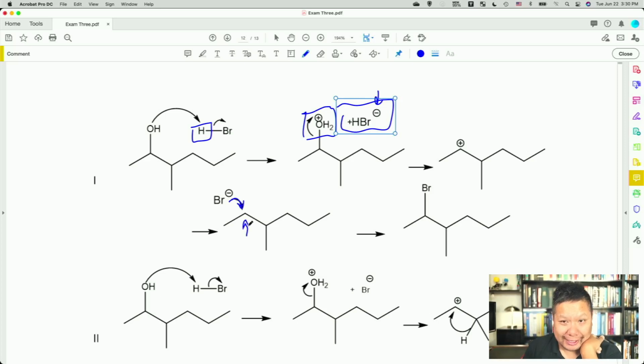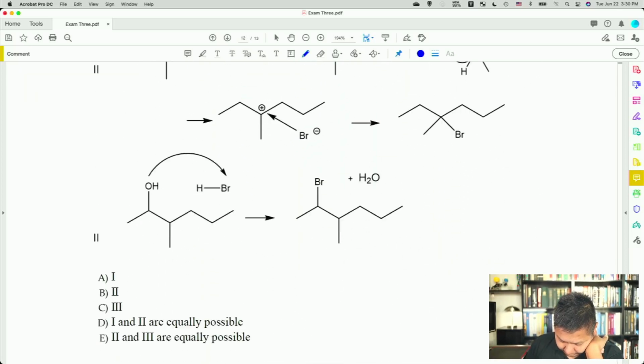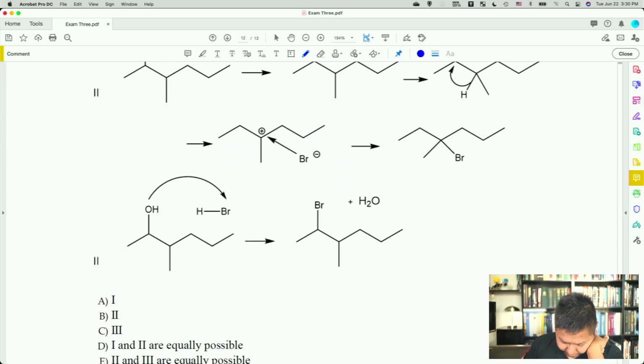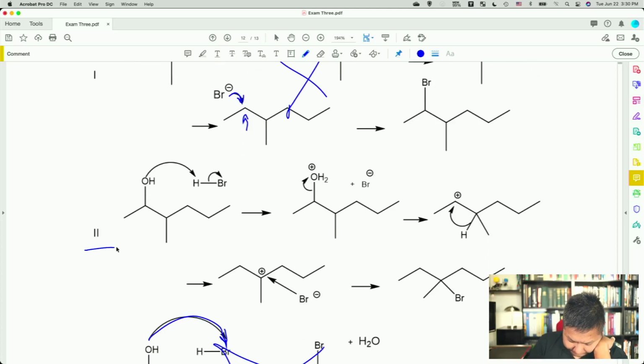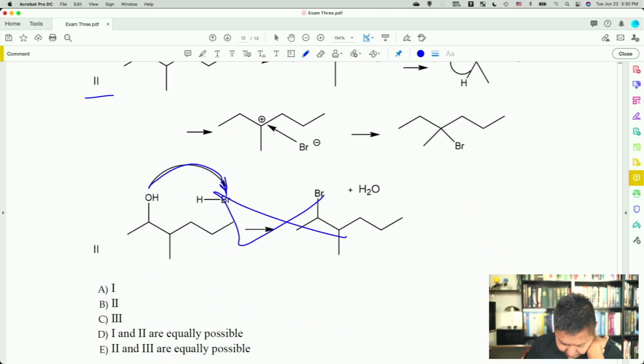So that's why that's not right. And in structure 3, for some reason the water is attacking the bromine. So that's totally wrong too. The only answer that's correct here is structure 2. Structure 2 is the only one that's correct.